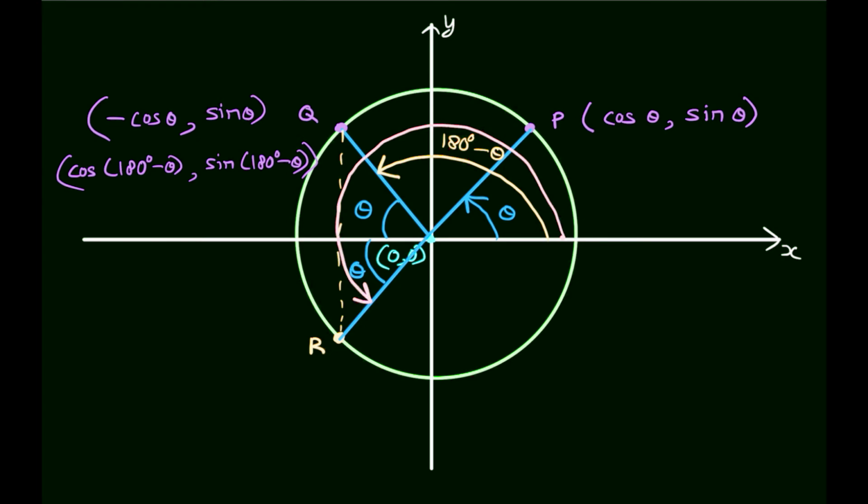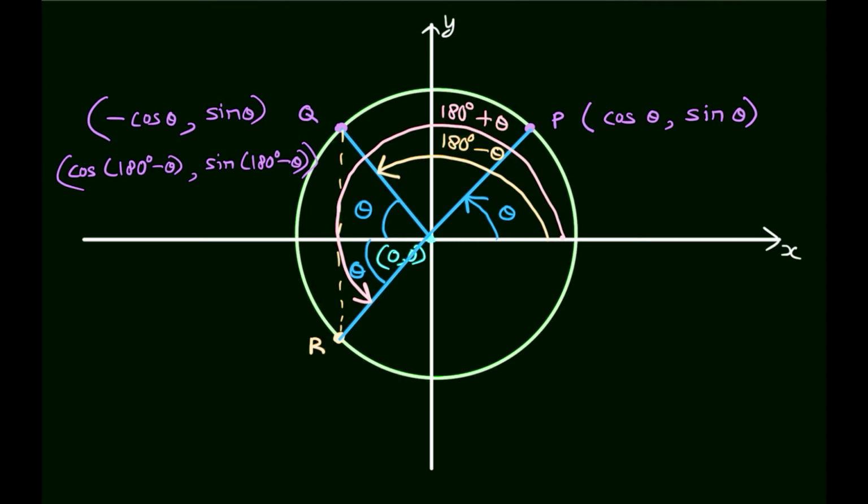Now, how much will this be? We know that in a straight line, the angle is 180 degrees, and we need to add this little bit of angle, which is theta, to 180 degrees. So this whole angle will be 180 degrees plus theta.